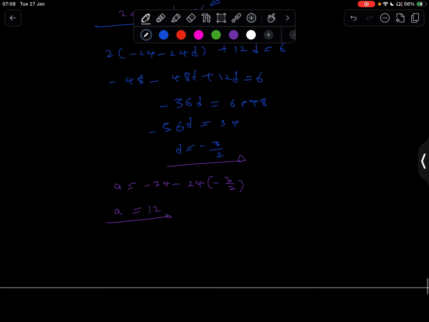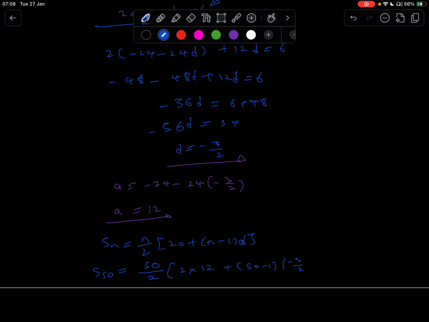And then now finally Sn. We substitute into this, and we're looking for S50. a is 12, d is -3/2, n is 50.